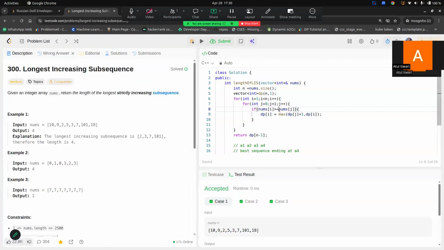Sorry, strictly. So if it is greater than, then only you can say dp[i] equals max of either dp[i] or dp[j] plus 1. I will submit it.